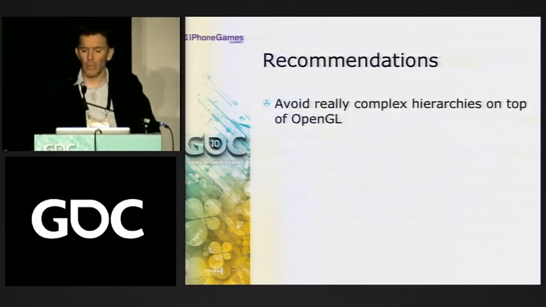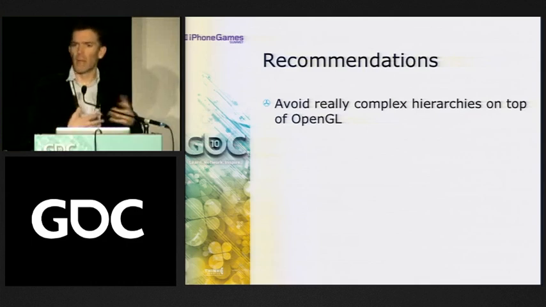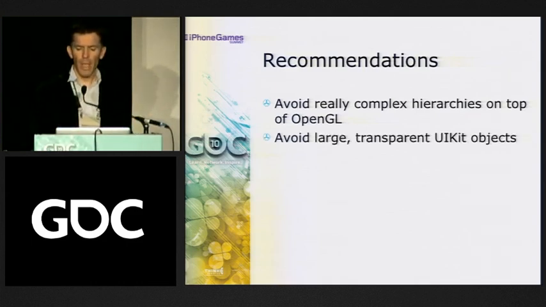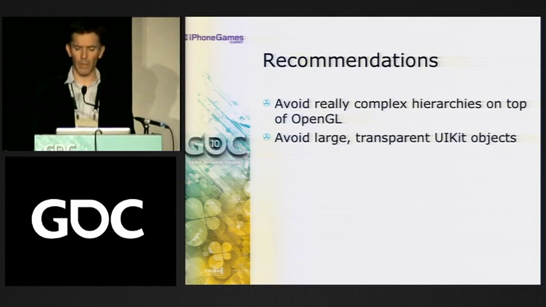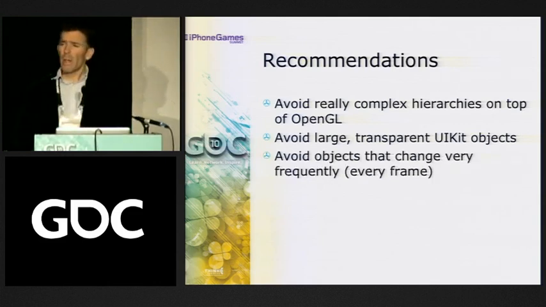So my recommendation is to avoid really complicated hierarchies on top of OpenGL, and avoid large transparent objects. Alpha blending is always an issue with the iPhone, especially with the 3G. So you don't want a huge UIKit thing with lots of transparent pixels. Also, avoid UIKit elements that are changing very much.